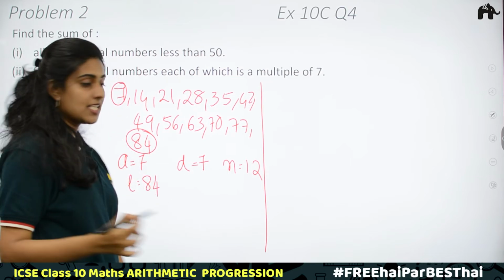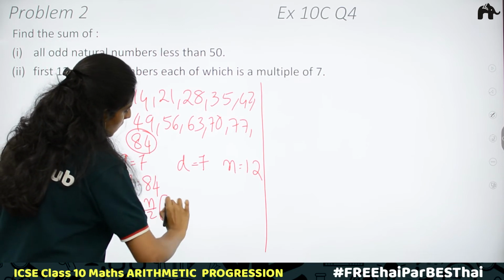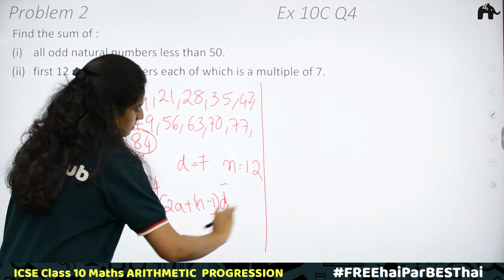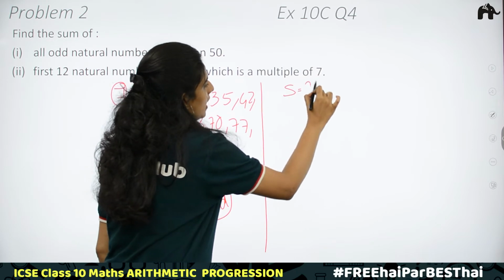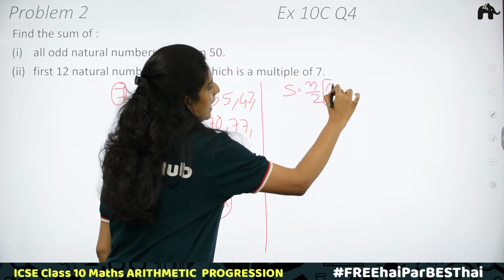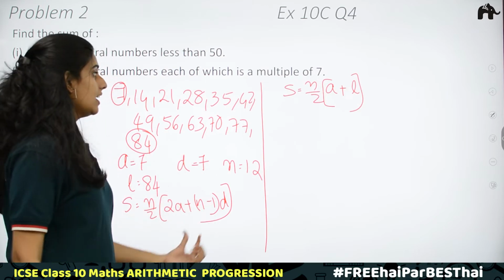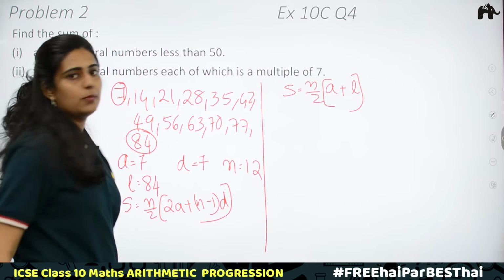So to find the sum, either we can use S is equal to n by 2 into 2a plus n minus 1 into d, or we can use S is equal to n by 2 into a plus L. We know the values of a, d, n and L. Either of these formulas can be used. Let us use this formula now.